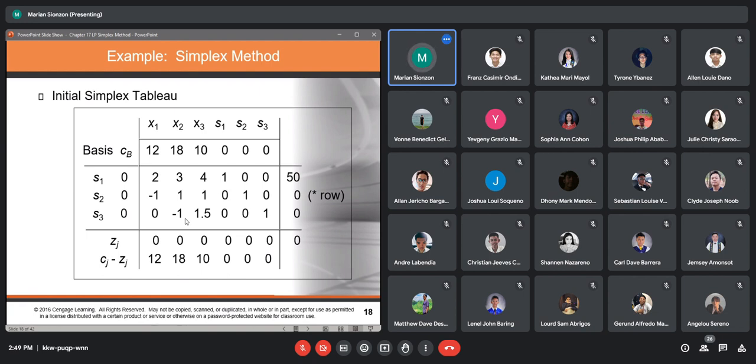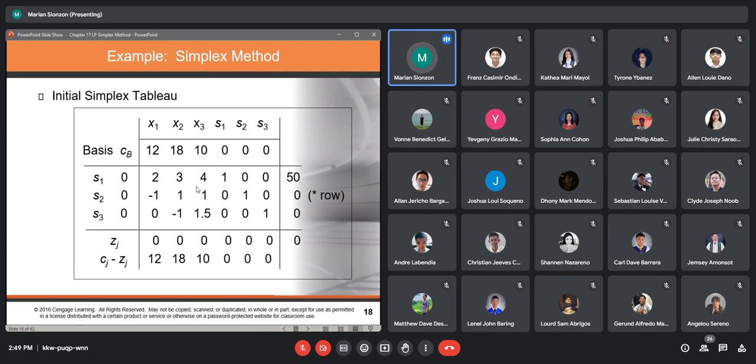Have you remembered in the steps that there was a minimal ratio? Minimal is smallest, isn't it? Non-negative quotient.